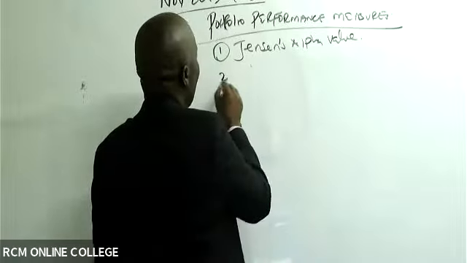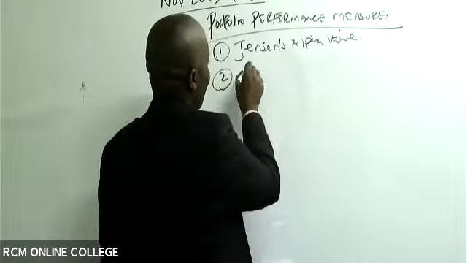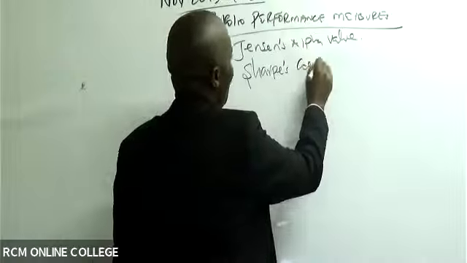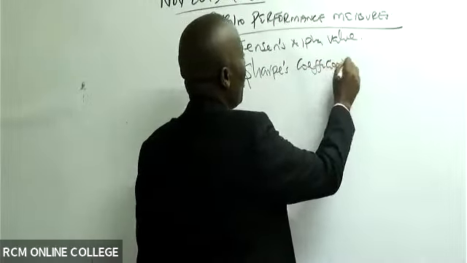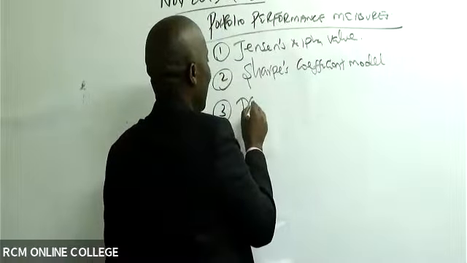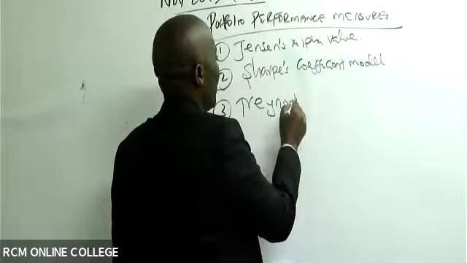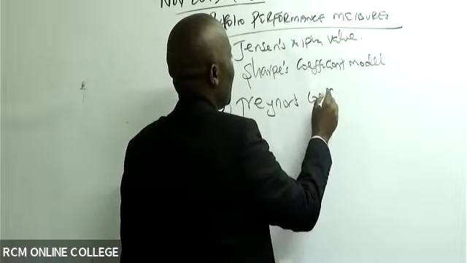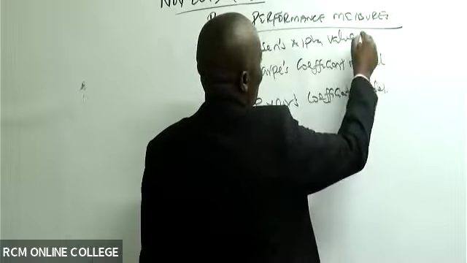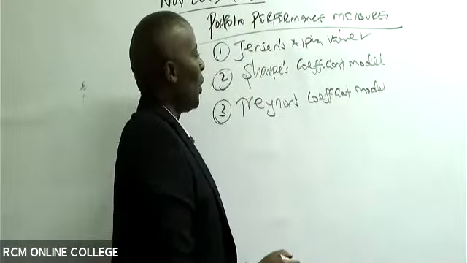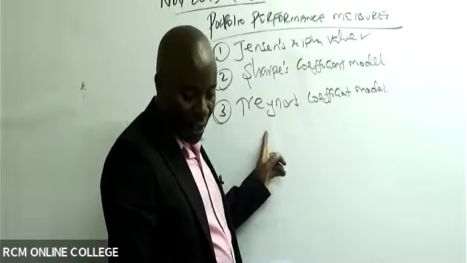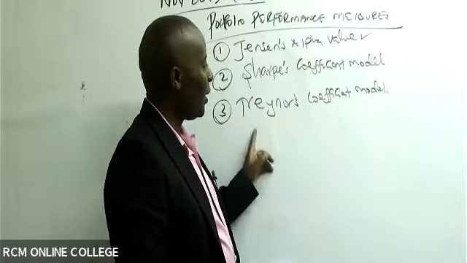Number two, we have the Sharpe coefficient model. And then number three, we have the Treynor coefficient model. This one, I will not look at it. I would want us to start with the Sharpe model and this other one.